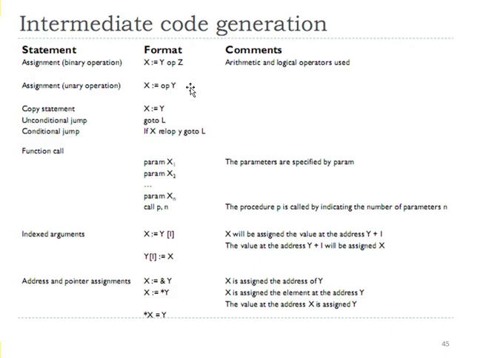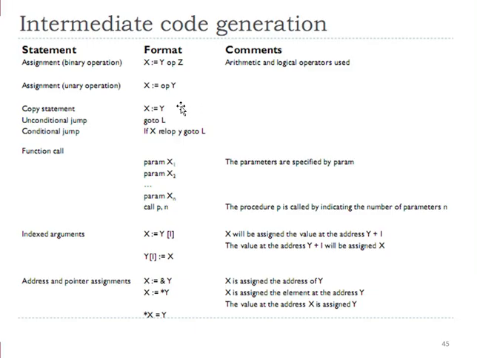For an assignment statement with a unary operator, like minus Y, we can just have such an assignment, because this one is still not violating the three address code condition. So X equal minus Y is possible. Like we can write an expression like T1 equal minus 2, possible.